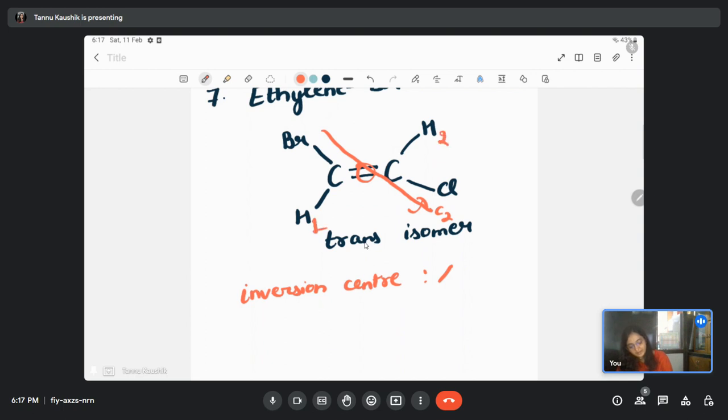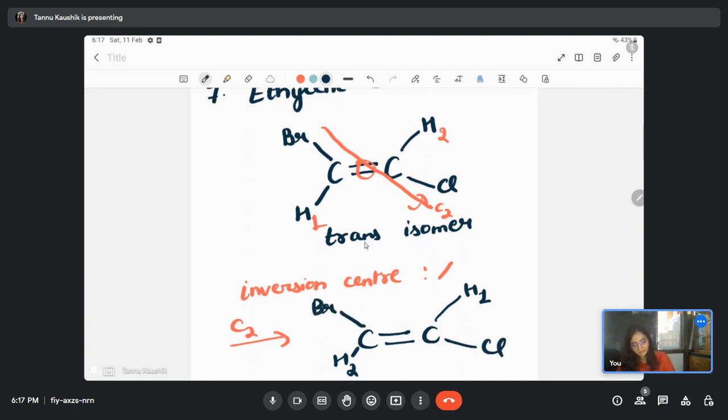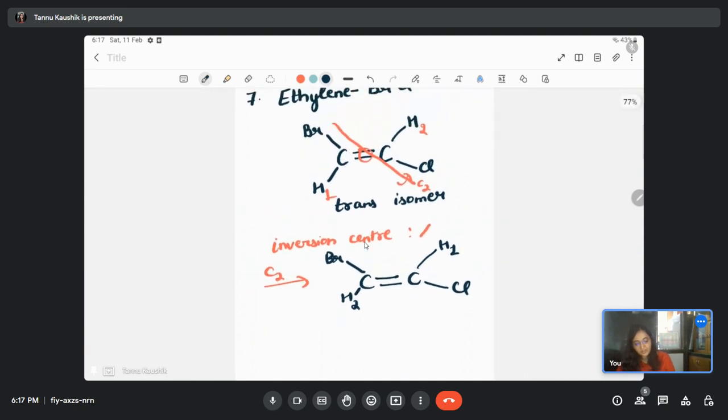So the configuration we will get after the C2 operation is that these two hydrogens will change their positions. These chlorine atoms will remain as they are. So this C2 axis is coming out of plane.